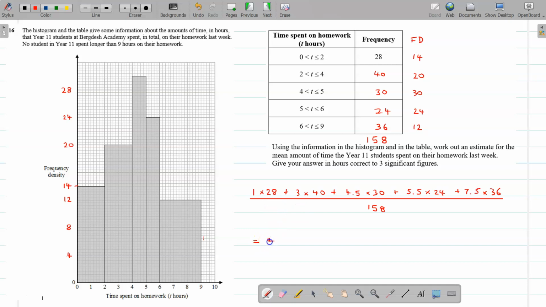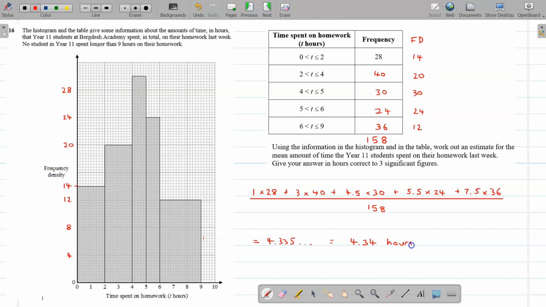4.335, etc. And you just need to give that to a reasonable degree of accuracy. And it says 3 significant figures actually, so make sure that you give that in that way. 4.34, and it's the amount of time they spent on homework in hours, so it's hours.